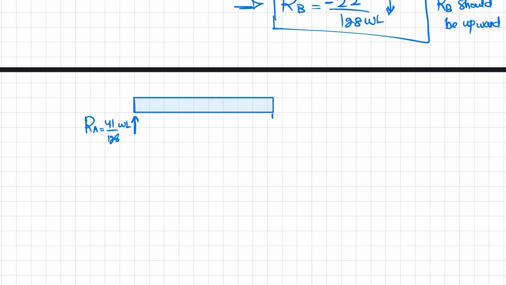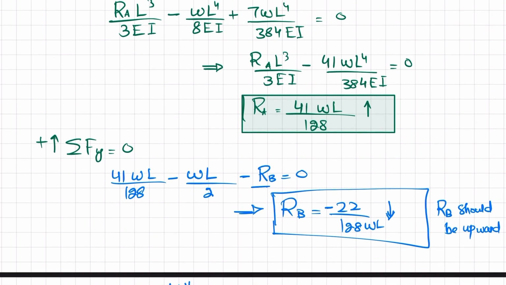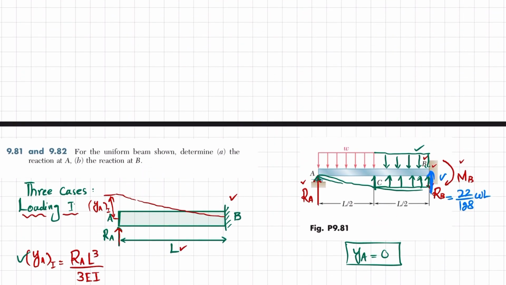And RB is also upward, and that RB is equal to 22 over 128 WL, and there is a moment about point B. If we convert distributed load into point load, it will be W into L over 2, acting at L by 2.